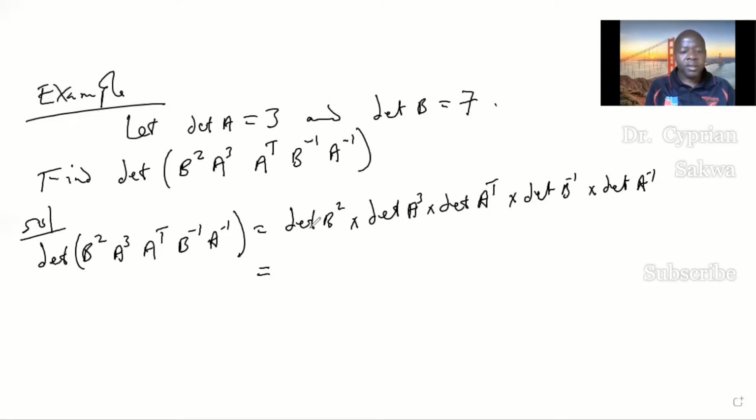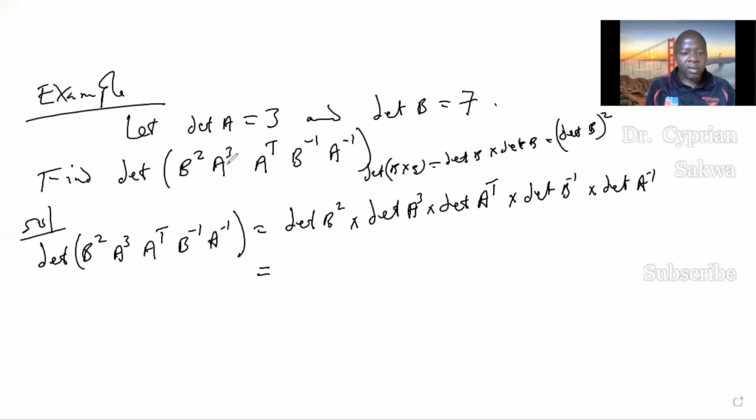And B square is just B times B. So the determinant of this, if you use the second bit, not the first bit, is the same as the determinant of B times B, which is of course the determinant of B times the determinant of B, or the determinant of B square.